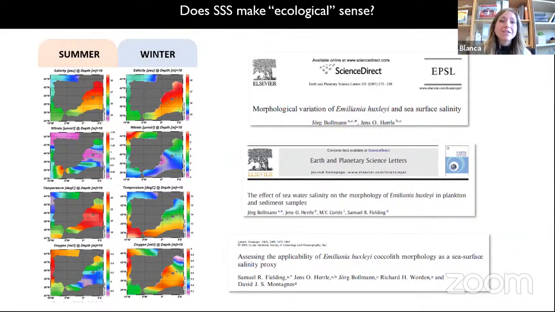So then we started to dig into the literature, and we found that salinity has proven to be important to other marine planktonic groups, such as diatoms or dinoflagellates. And there is plenty of evidence for the direct relationship between varying salinities and the morphology of Emiliania huxleyi, not only in surface sediment samples, but also culture experiments.